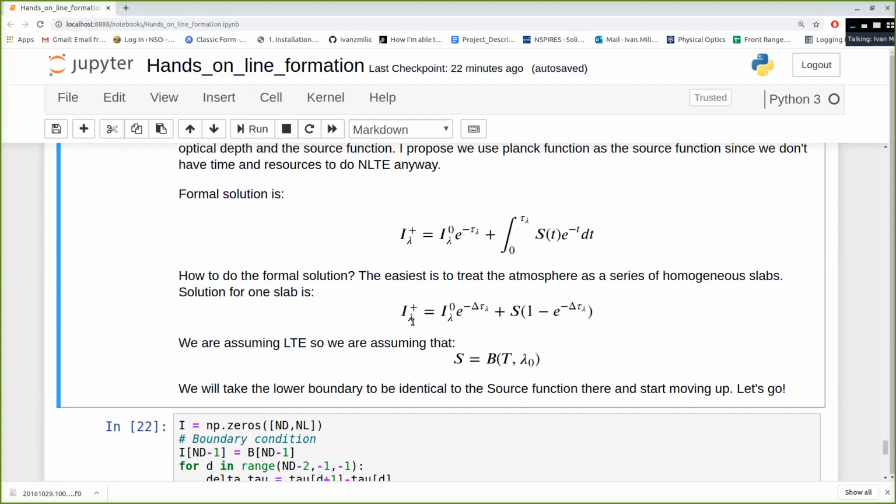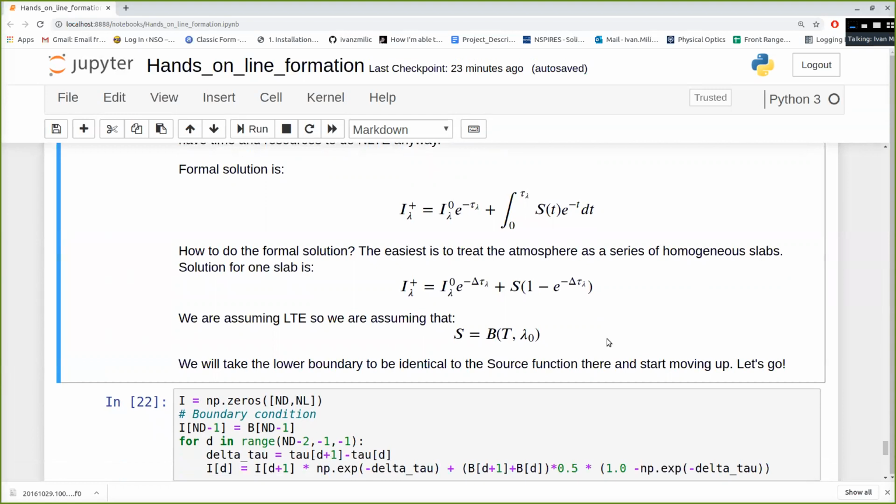So for one slab, the intensity going out from a given slab is equal to the incoming intensity at that slab times e to the minus optical depth at a given wavelength of that slab or layer, plus some mean source function in that layer times 1 minus e to the minus delta tau. Okay, and we are assuming that the source function is equal to the Planck function.